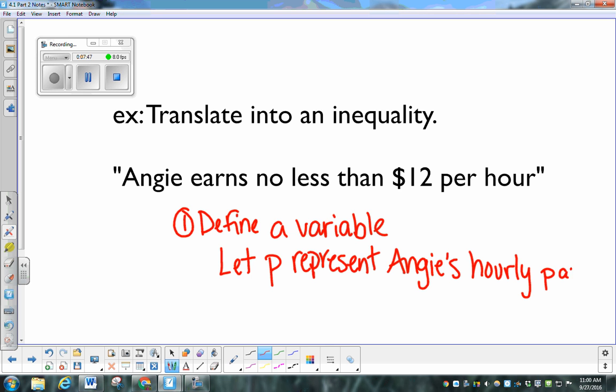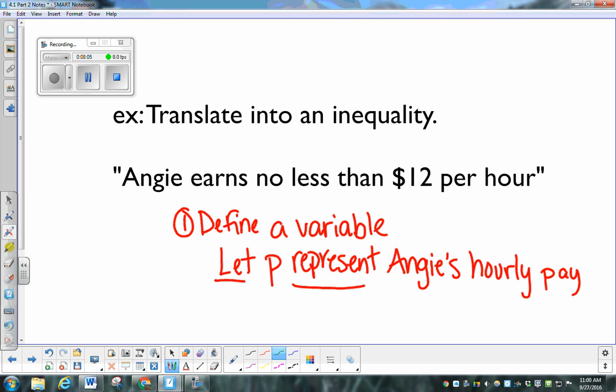You could use like W and say it's her wage. I'm not going to mark off for which letter you pick as long as you make sure it makes sense. So you're going to say let blank represent blank. So you always want to have these words in it. Let something represent something else. I'm going to let P represent her hourly pay.